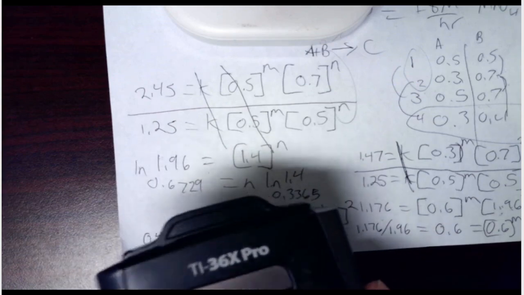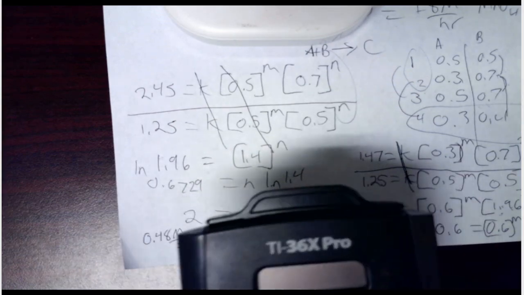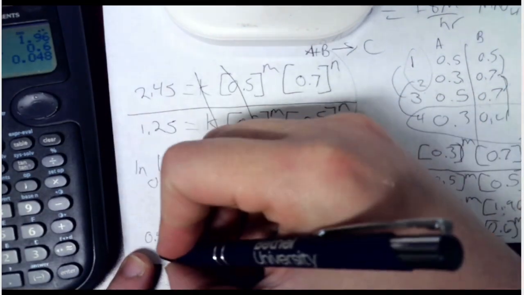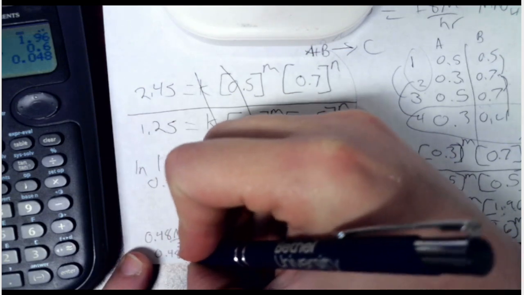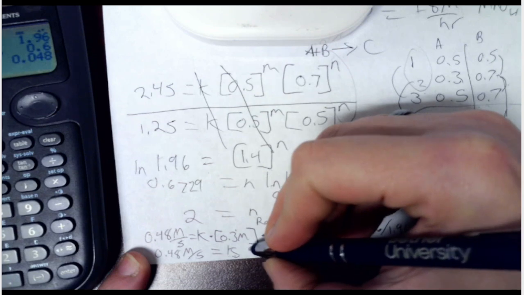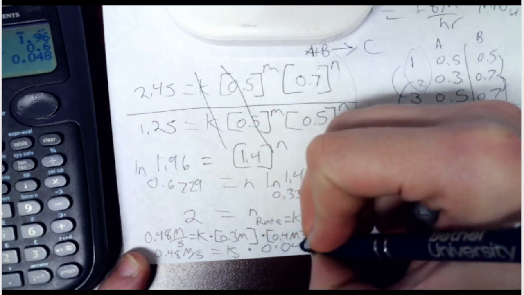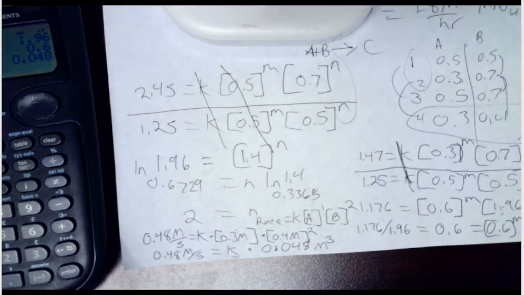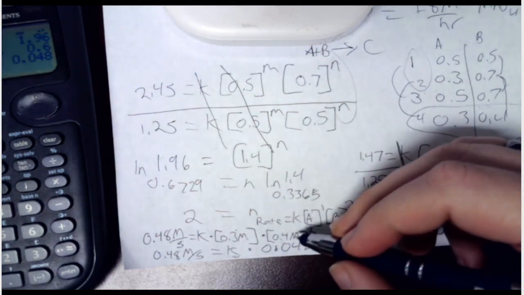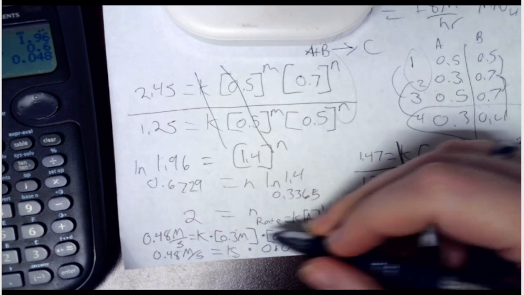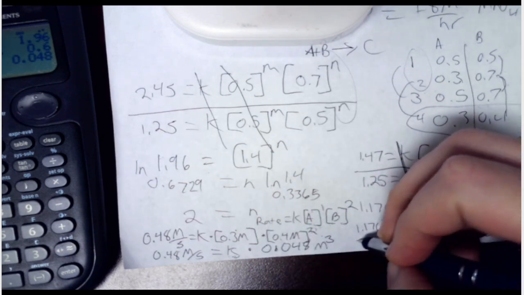So 0.4 times 0.4 times 0.3 is 0.048. So we have 0.48 M per s equals k times 0.048 M cubed. Why M cubed? Because M squared times M is M cubed.